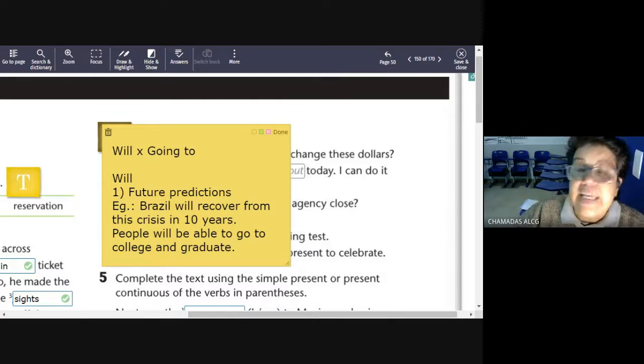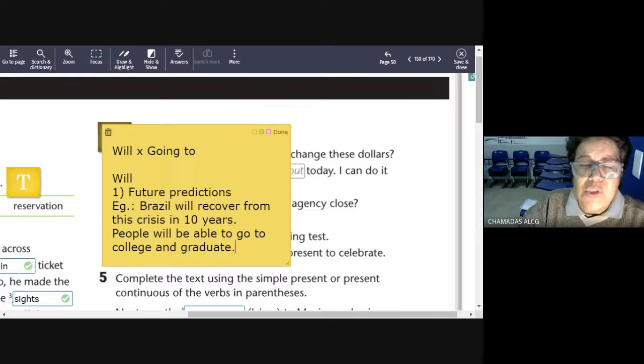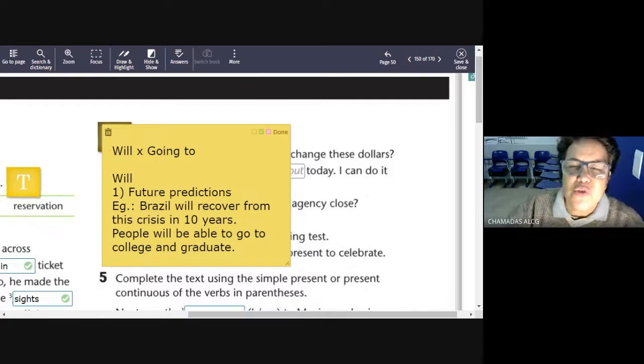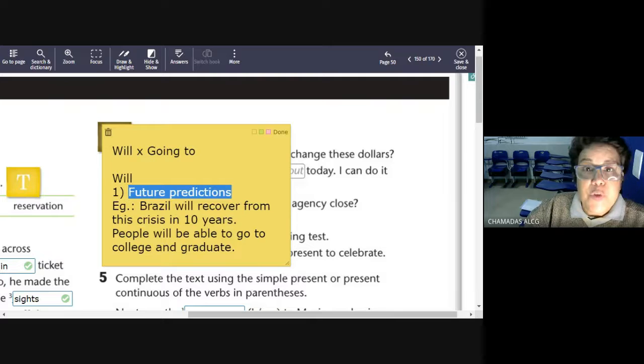So I'm saying that in the future, people will be able to go to college and graduate because nowadays it's very difficult to graduate because college is super expensive. So there are many problems now for students to finish their studies. And I'm saying that in 10 years in the future, people will be able to go to college and graduate. So this is all about future predictions, okay?